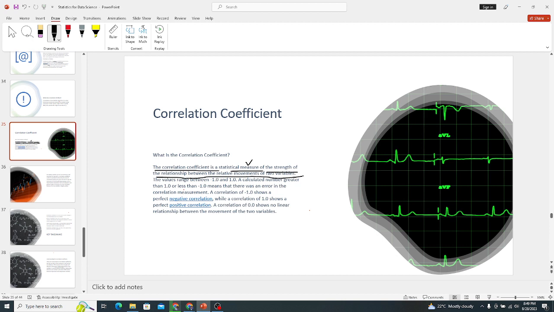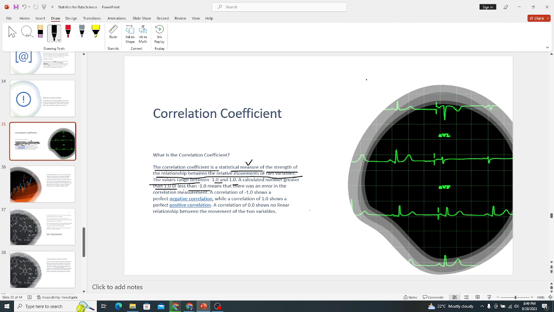It ranges between -1.0 and 1.0. A calculated number greater than 1.0 or less than -1.0 means you had an error while calculating or measuring your correlation.